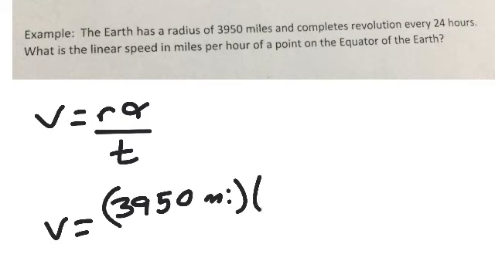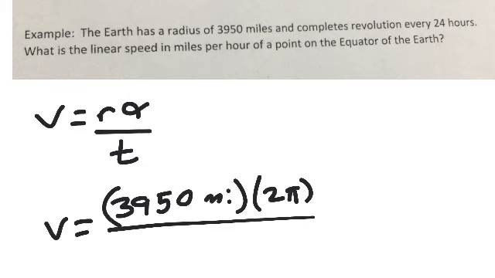Alpha, so it does 1 full revolution. So the alpha would be 2 pi. So we would just do 1 times 2 pi, which is 2 pi radians. And that's going to be over the time, which is 24 hours. And the reason we stuck with 24 hours instead of 1 day is because we want our answer in the end to be in miles per hour.